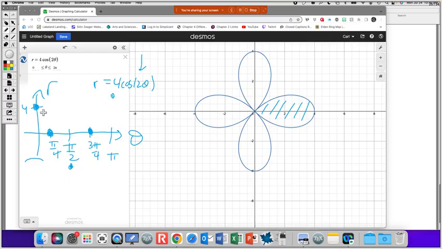Back up here. So once again, we see we're crossing through the theta axis at pi over 4 and 3 pi over 4. That produces the tangents at the pole. So here's the pi over 4. Here's the 3 pi over 4. So if we want the area of one leaf, what do you notice?